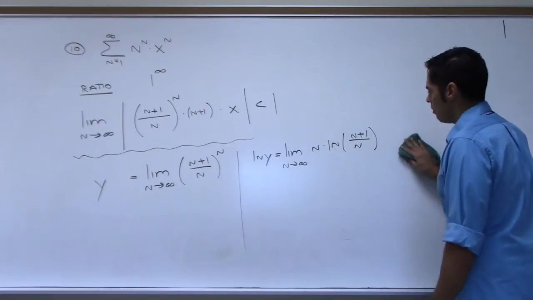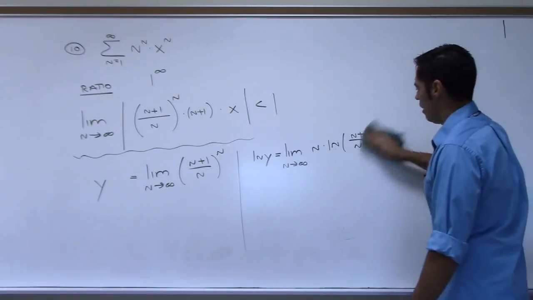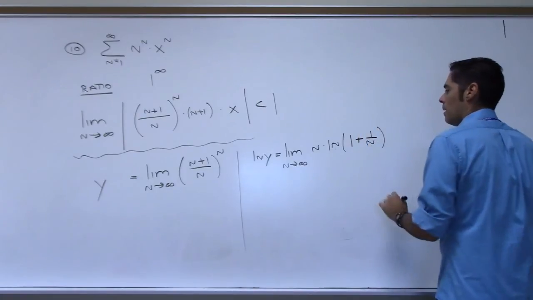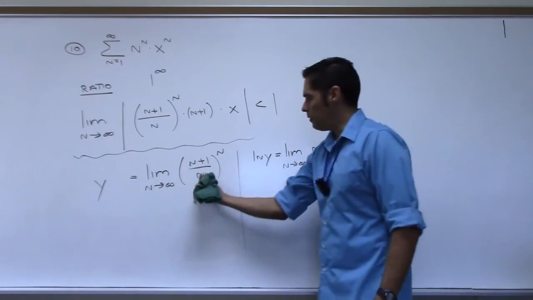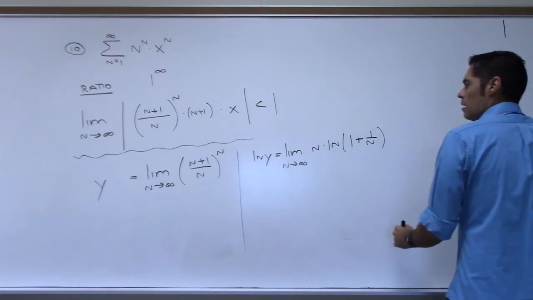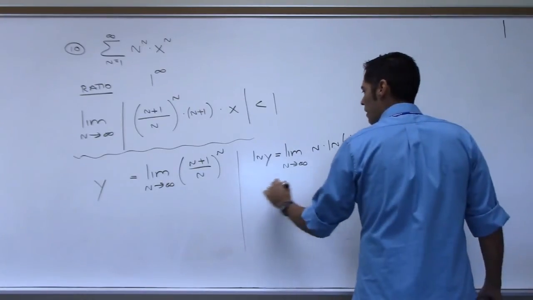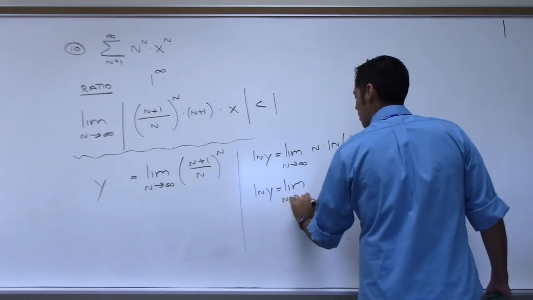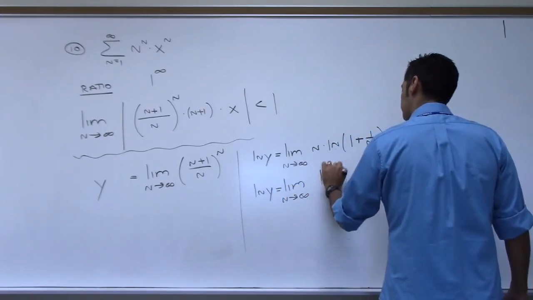And I think what I'll do is I'll rewrite that in there as 1 plus 1 over n. I did that, just split it into two different fractions. All right, so what happens here? I need to now take that n that's out front, drop it to the denominator.